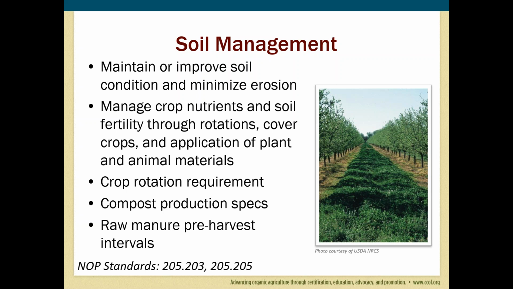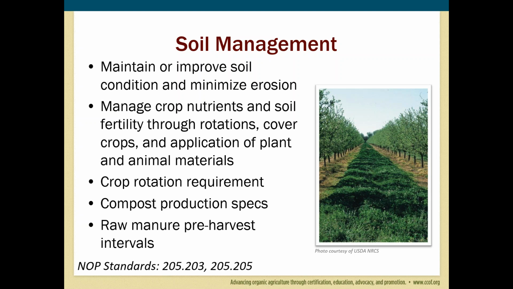There are also some specifics related to compost and raw manure. They get special mention in the organic regulations. Any compost that contains manure needs to be produced in a way that meets certain specifications for carbon to nitrogen ratio, temperatures, and turning in order to be applied at any moment within the organic production.